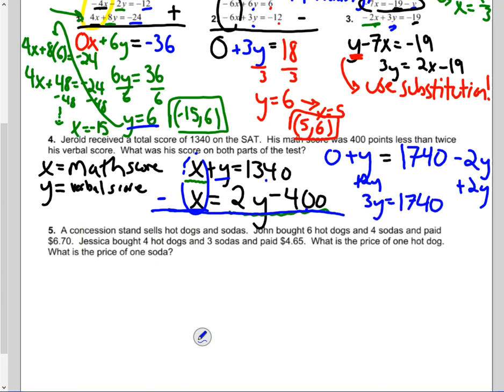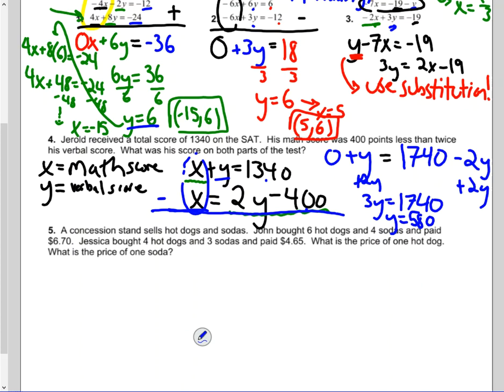Also note that we are nice and happy because after doing the elimination method, we were left with only one variable, so we did something right. We're feeling good. At this point, when we divide by 3, we should get y is equal to 580.